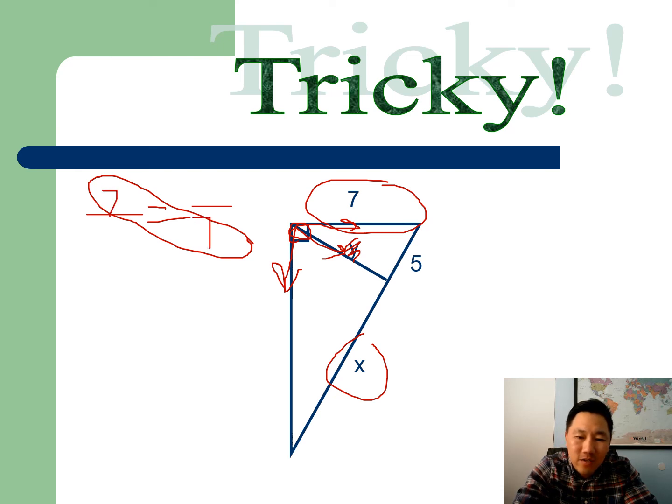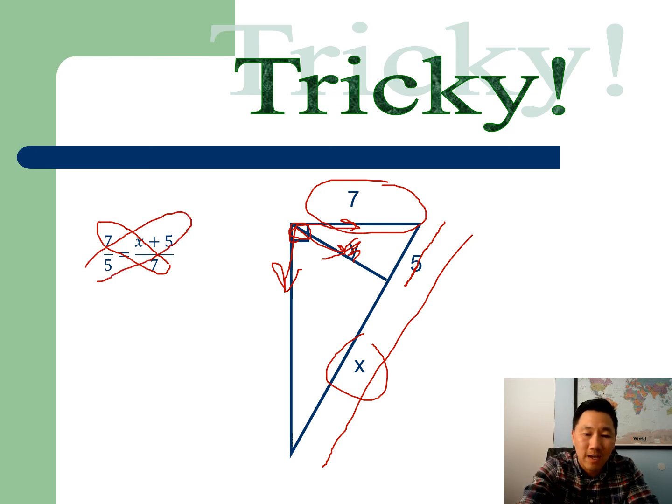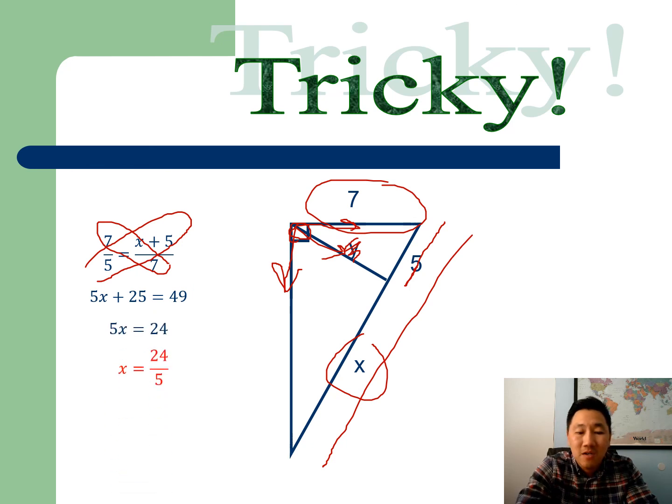When it's the 7, you always use the side it touches, and then the whole side. There we have it. 7 and 7 right in the geometric mean spot, and then 5 and x plus 5. Cross multiply using your pre-algebra skills, we get 24 over 5.